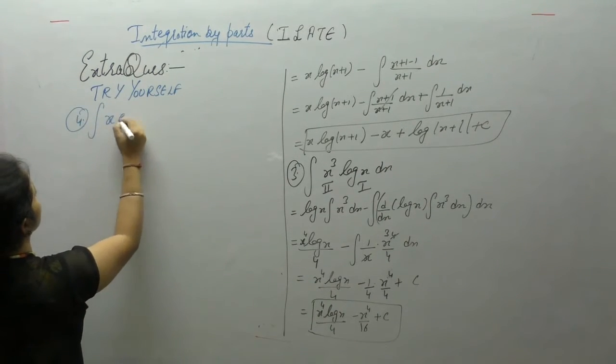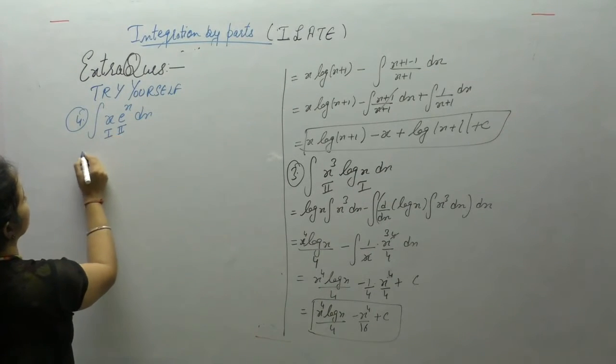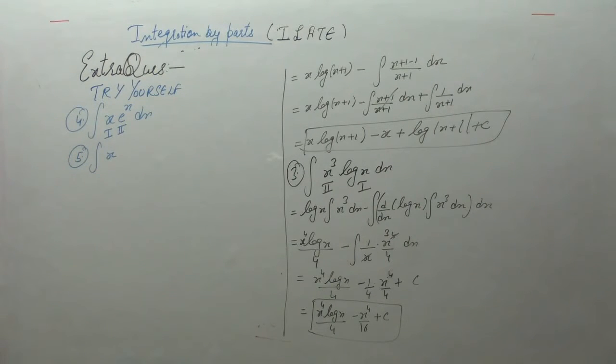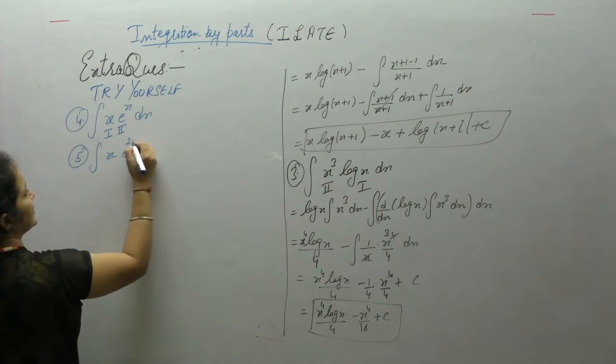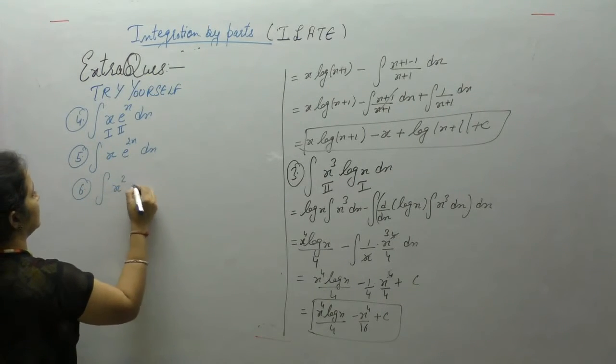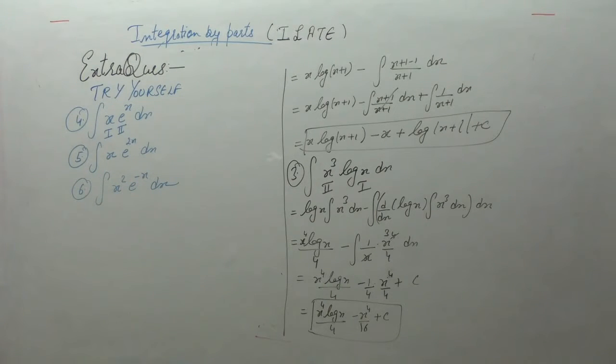Integral of x e power x dx, exponential as second and algebraic as first. Similarly, x into e power 2x dx and x square e power minus x dx.